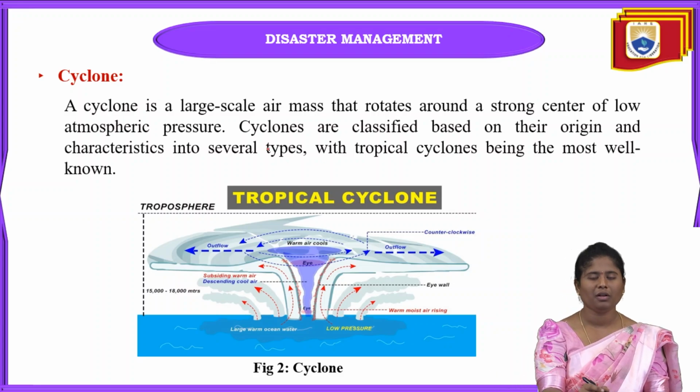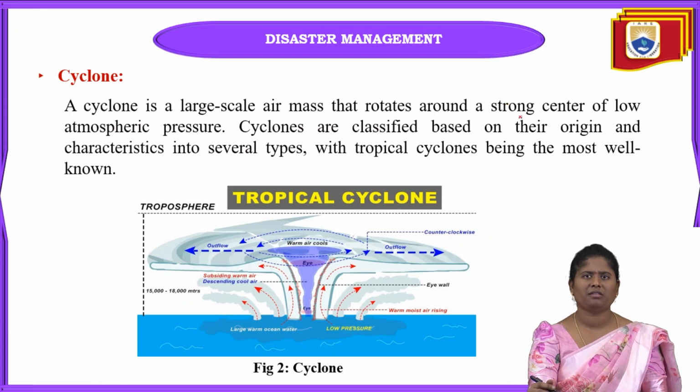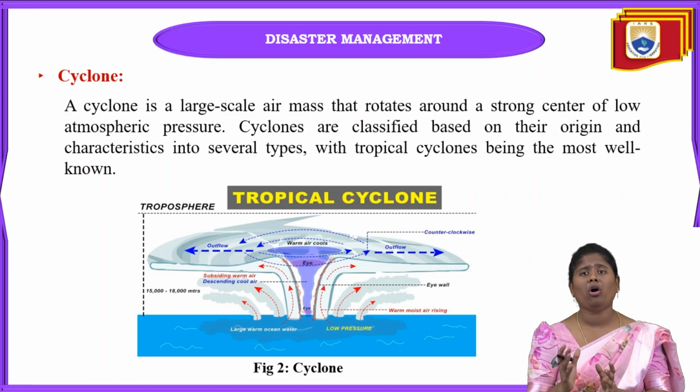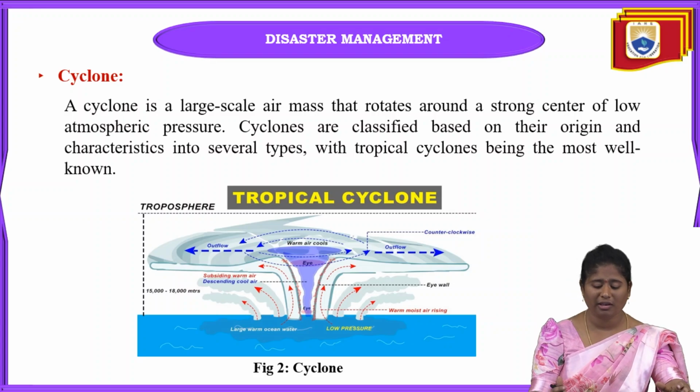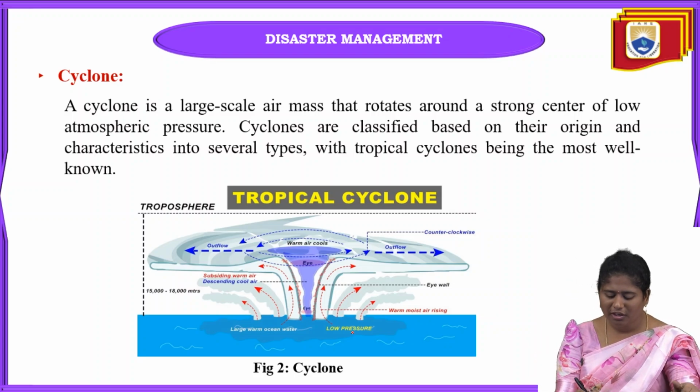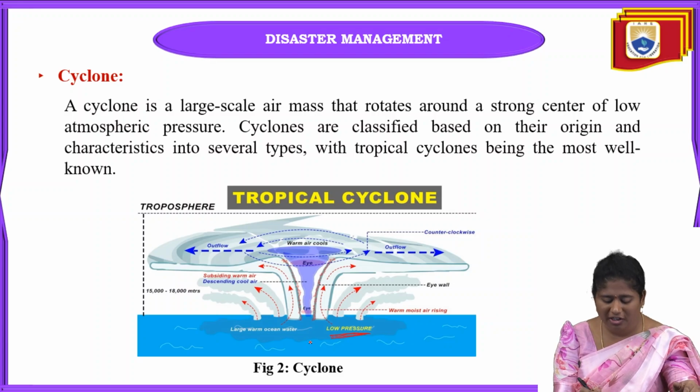What is meant by a cyclone? It is nothing but a large scale air mass. When a cyclone occurs, it occurs in a rotation model, generated with low atmospheric pressure. Here you can see the picture: the low pressure is generated, and from this low pressure it just rotates like this.